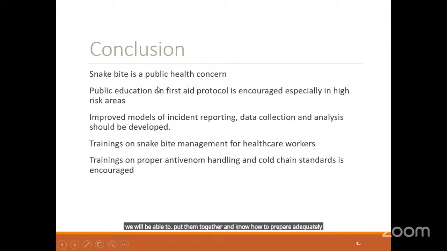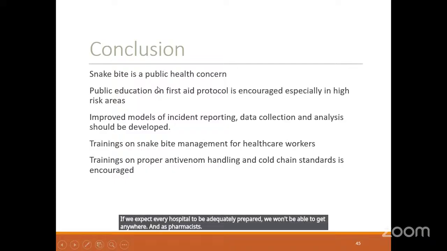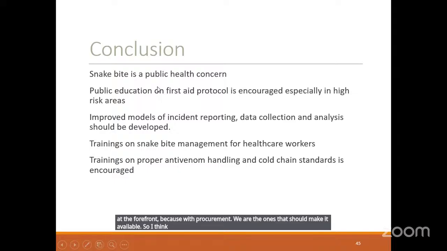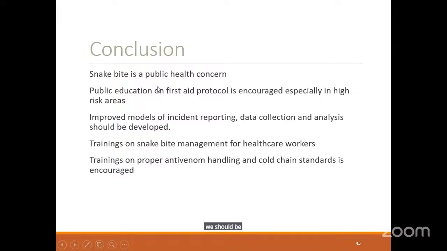It's actually a public health concern, so we should not leave it for just one hospital. If we expect every hospital to be adequately prepared, we won't get anywhere. And as pharmacists, we are at the forefront, because with procurement, we are the ones that should make it available. So I think with that, we should be able to combat this snake envenomation.